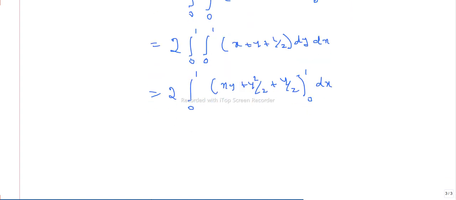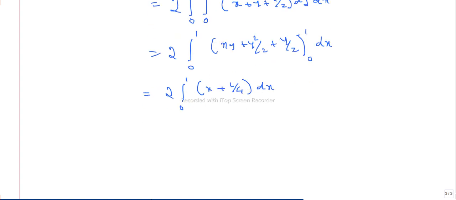Now again, if you substitute y equal to 1, we get x plus 1 by 2 plus 1 by 2, therefore we get just 1 by 4. And if we substitute the lower limit, we get 0, dx. Now if we integrate with respect to x, we get 2 times x square by 2 plus x by 4, 0 to 1. So therefore 2 times 1 by 2 plus 1 by 4.